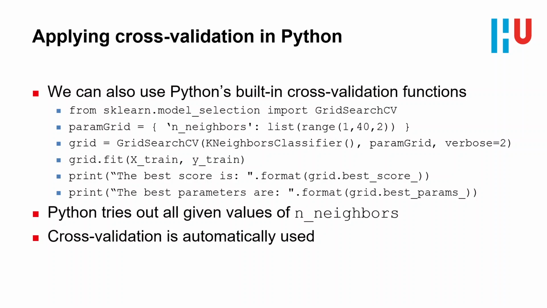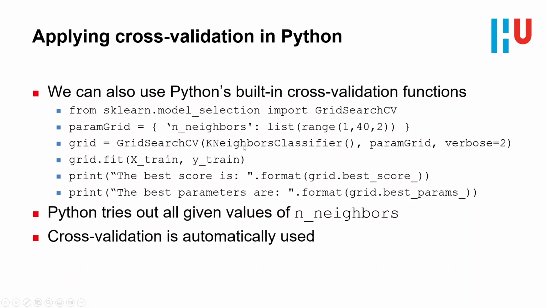This can also be done automatically. You can let Python optimize everything. An example is GridSearchCV, where you define a parameter grid. In this case we're going to do n neighbors, listed from 1 to 40 with a step of 2.